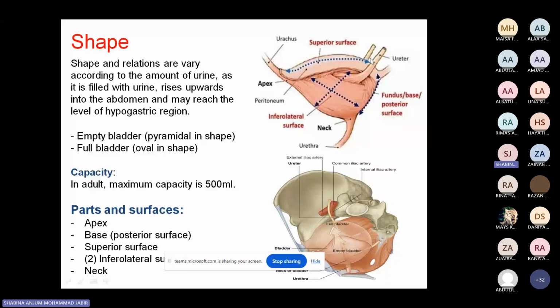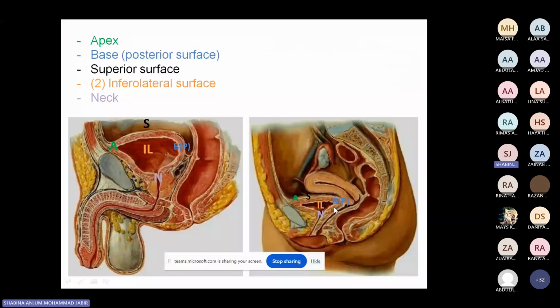On the sides, we have the right and left inferolateral surfaces. This is the neck. Here you can see the empty bladder in the pelvis, and when it is full, it will rise into the abdominal cavity. So here we have the apex, base, superior surface, inferolateral surface, neck.